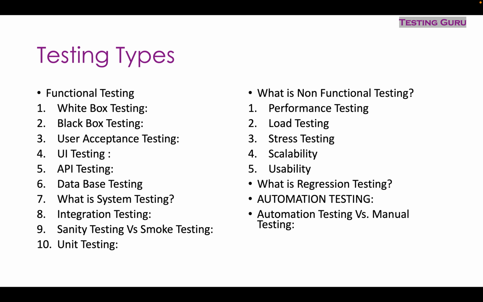Under functional testing, we do different kinds of testing, such as white box testing, black box testing, user acceptance testing, UI testing, API testing, database testing, system testing, integration testing, sanity, smoke, as well as unit testing. We'll learn more about each testing and what exactly it means in coming sessions. But these are the main areas where we do functional testing.